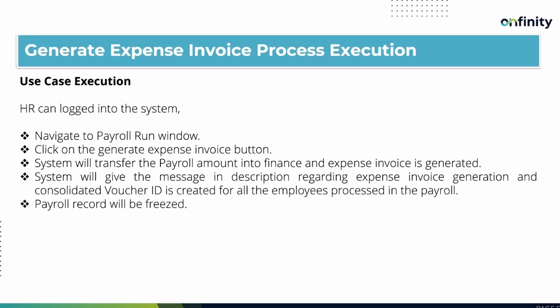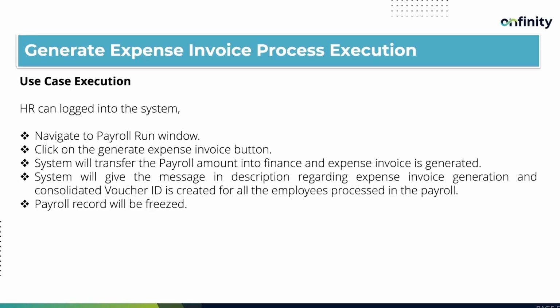The system will provide a message in the description field regarding the expense invoice generation, and a consolidated voucher ID is created that links all the individual expense invoices processed in this payroll run. Once the expense invoice generation is completed, the payroll record will be marked as finalized or frozen, so HR will not be able to do any amendments in the executed payroll run record.